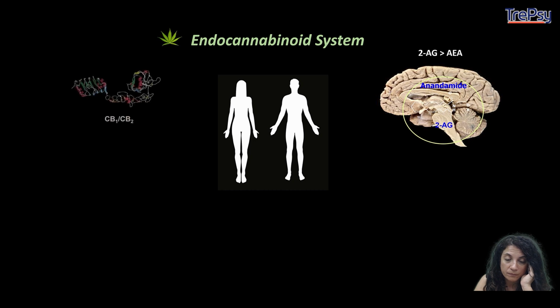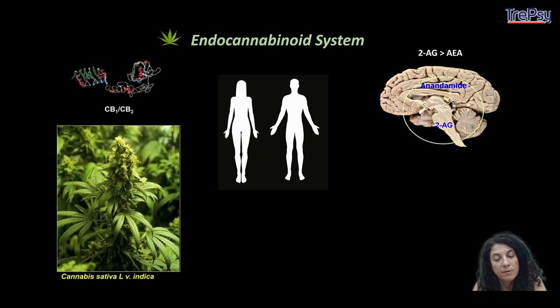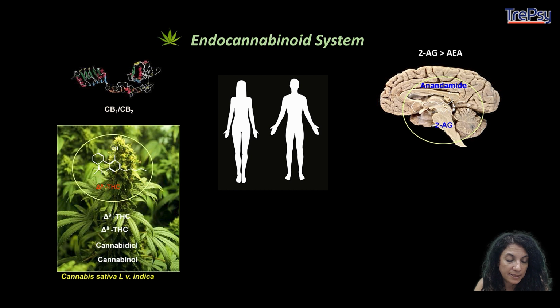Both act on CB1 and CB2 receptors, and we have the Cannabis sativa indica, which is my plant from which I can extract the natural cannabinoids like delta 9 THC or delta 8 THC or cannabidiol or cannabinol.